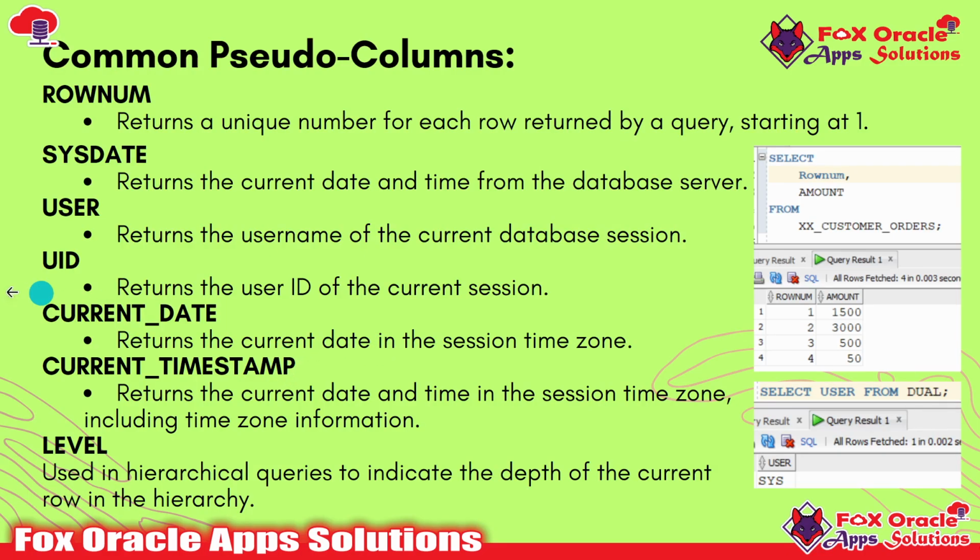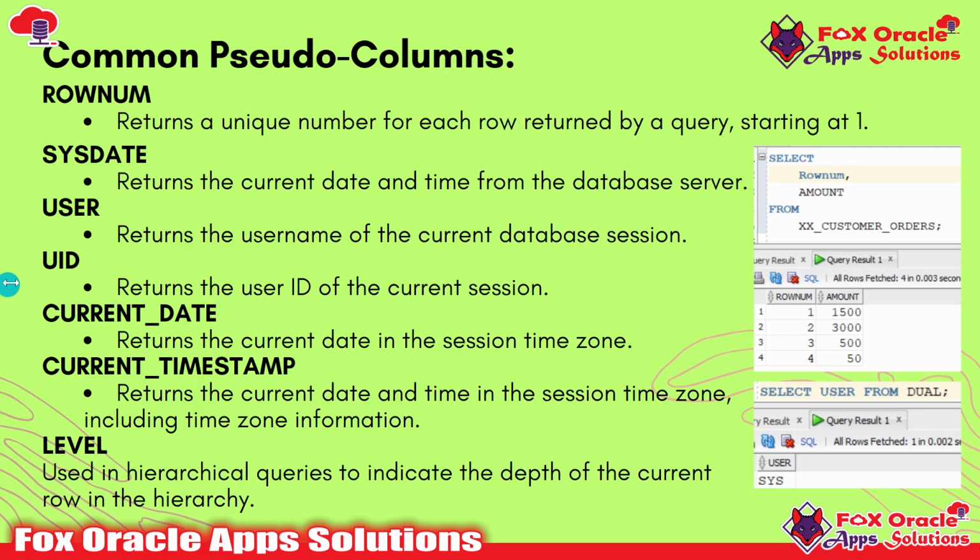So when we use select current timestamp, it will ask for the table name, for which table you want to display this column. As I told you, these pseudo columns are not available in any physical table. That's why we require the dual table, so that this value can be displayed with the help of the dual table.